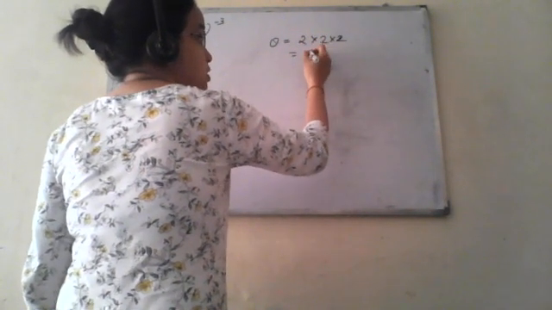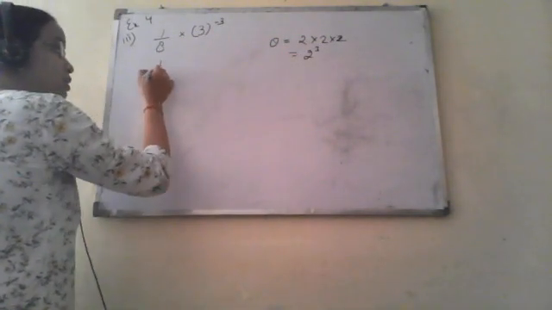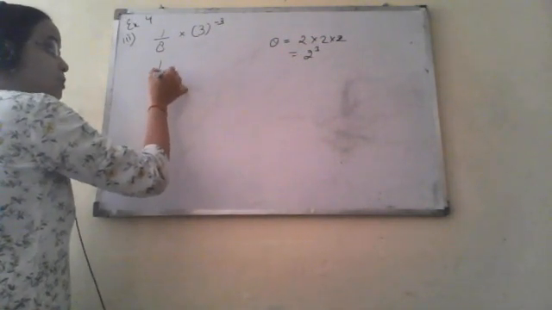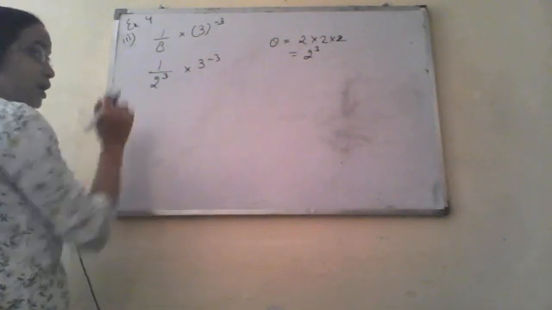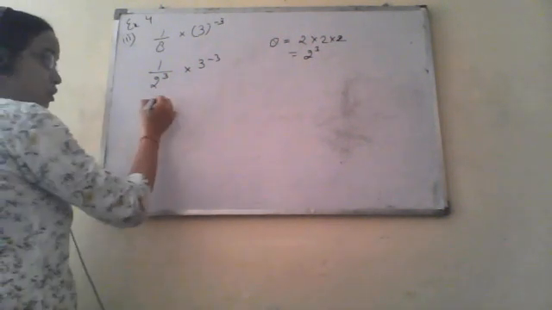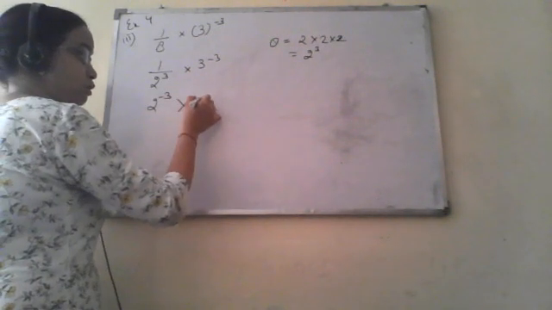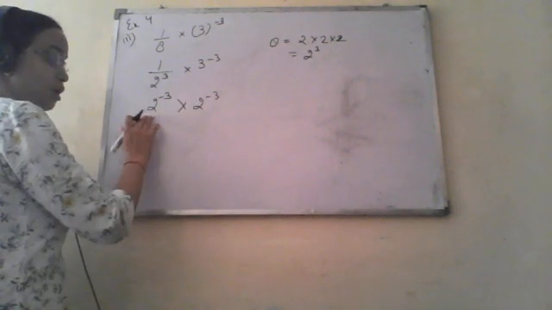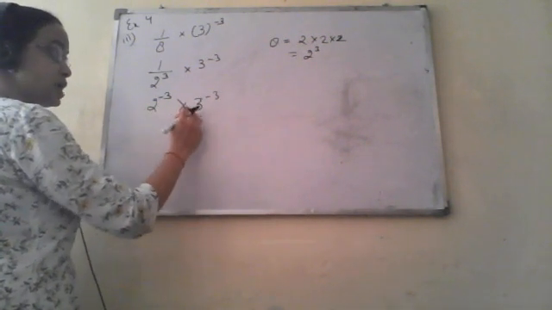Clear? This is 2 to the power 3. Now in place of 8 we can write 2 to the power 3, so it is 1 upon 2 to the power 3 into 3 to the power minus 3. Now if we write its multiplicative inverse, it will be 2 to the power minus 3, okay, into 3 to the power minus 3. Now the powers are same.